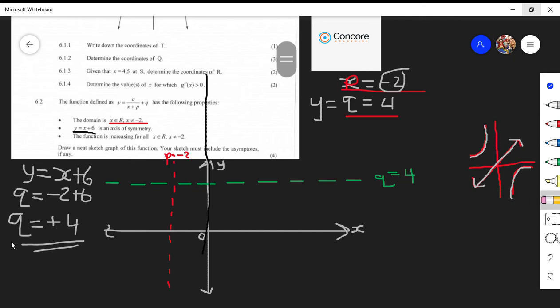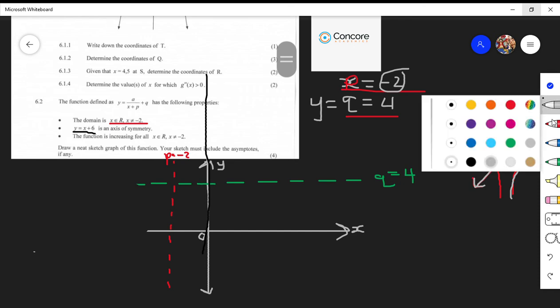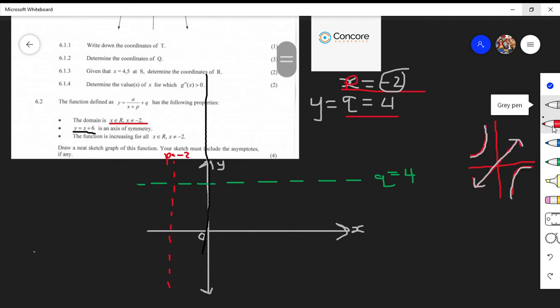Okay. So let's continue. Okay, so we extended our axis of symmetry, right? I'm sorry, our y-axis. So we extended our y-axis to the top. Now let's extend our p as well.